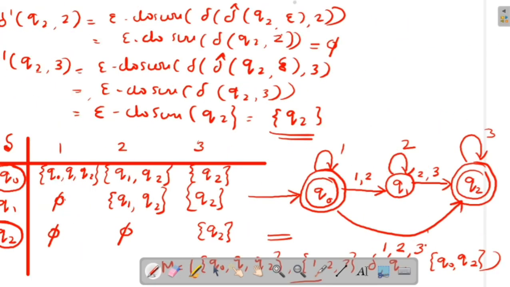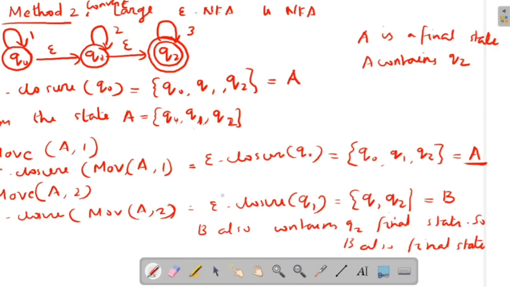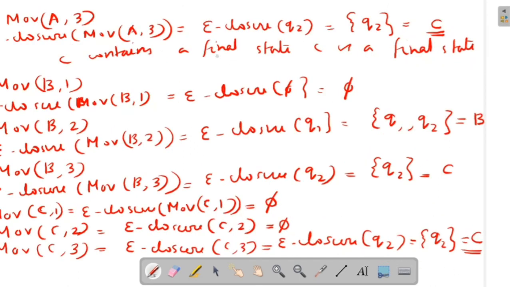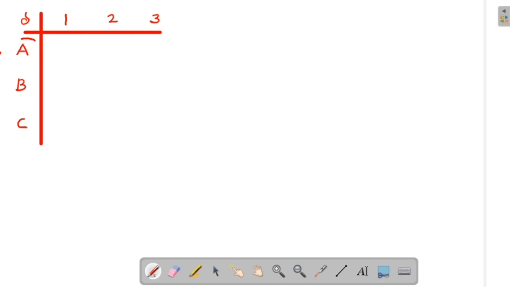A contains q2, so A is a final state. B contains q2, so B is also a final state. And C contains a final state, so C is a final state. So these three states are final states. So A final state, B final state, C final state.